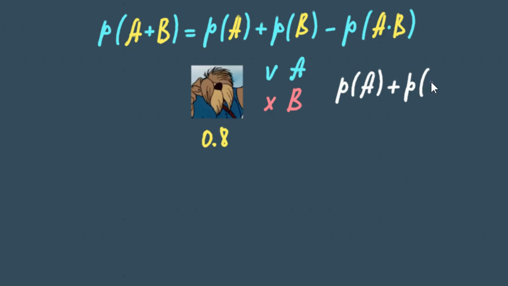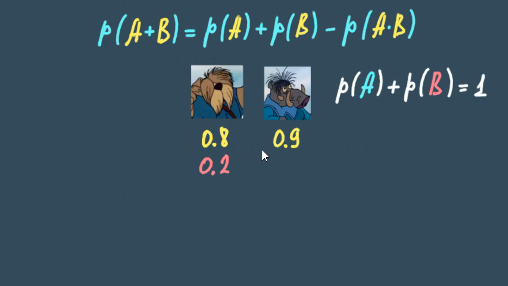And the sum of the probabilities of such events is 1. So to find the probability of the first shooter missing, we need to subtract the probability of the first shooter hitting the target from 1. We get 0.2. The same for the second shooter. Subtract the probability of hitting the target from 1. And we get the probability of missing the target.